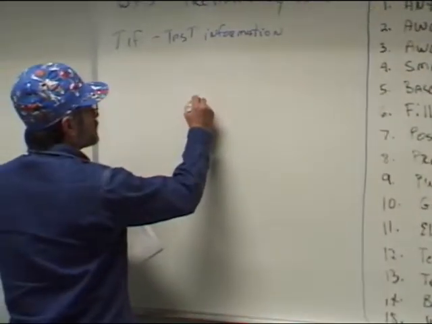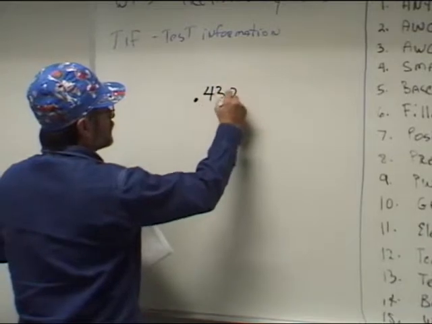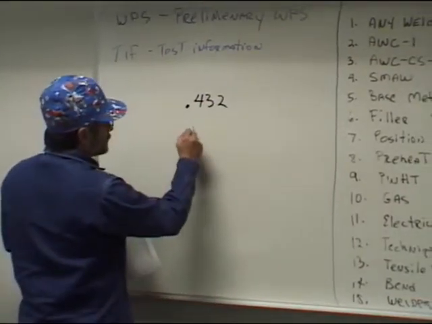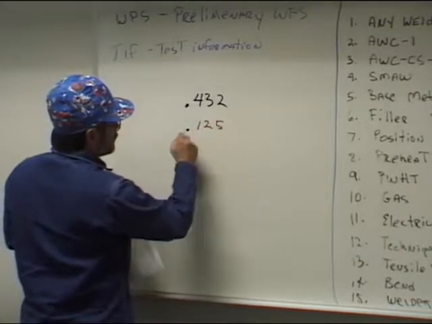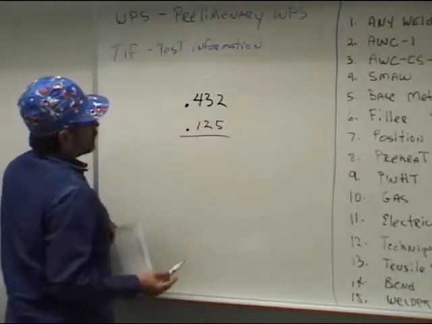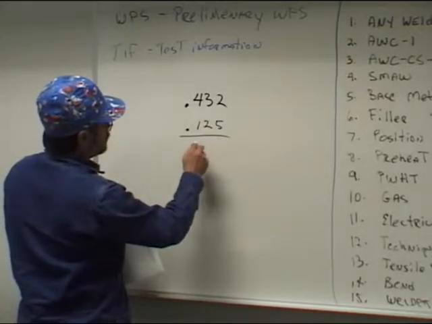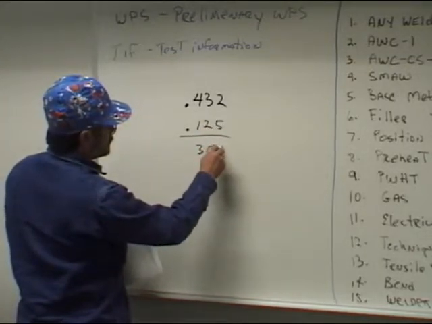Now, if you remember, the thickness of our joint was 0.432. That's how thick 6-inch Schedule 80 pipe is. Well, if our root pass was 0.125, then you have to deduct that 0.125 from the 0.432, and you get 0.307.